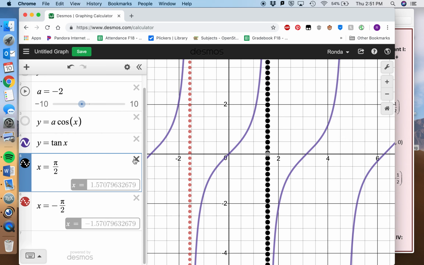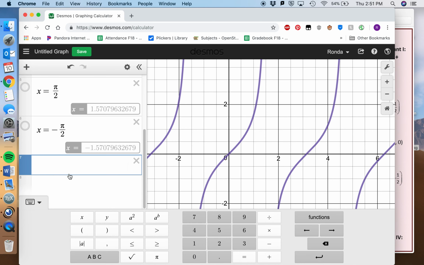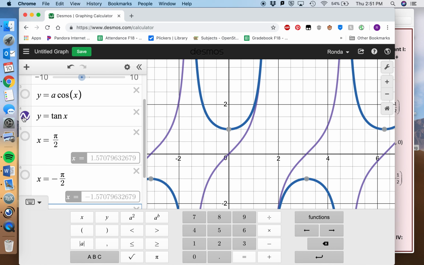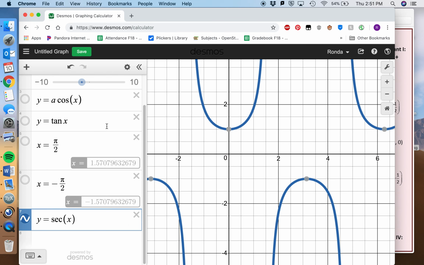Now let's look at a couple of other graphs here. We'll take these off. And we can take a look at y equals the secant of x. This one's kind of interesting, right? All right, let me take tangent off of here because that's confusing.